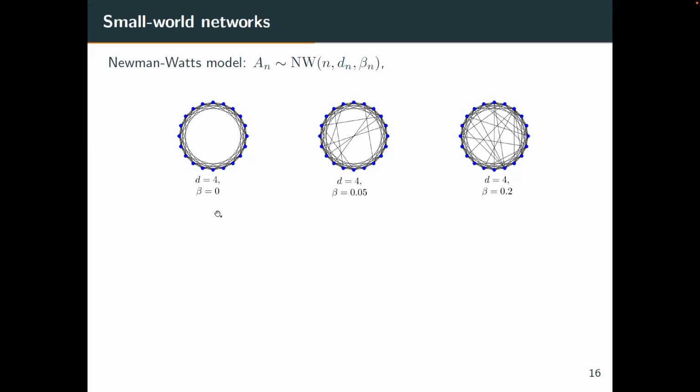So maybe you don't know the president, but maybe one of your friends is close to another friend that knows the president, right? And actually, that's a phenomenon that is observed in real networks. So the Newman-Watts model is emulating this idea by creating random edges with some probability beta. So as beta is large enough, it's very easy to move from one place of the network to the other.